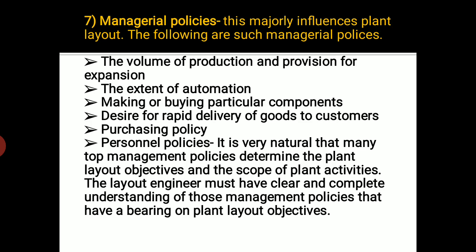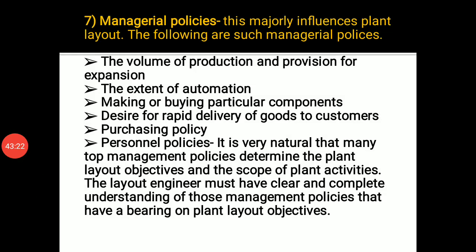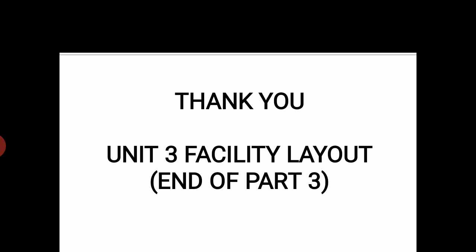That means from manufacturer to manufacturer, from plant to plant, or maybe from product to product. But overall these are the 7 important factors that we have studied today, that have to be considered before having the plant layout done by the manufacturer.